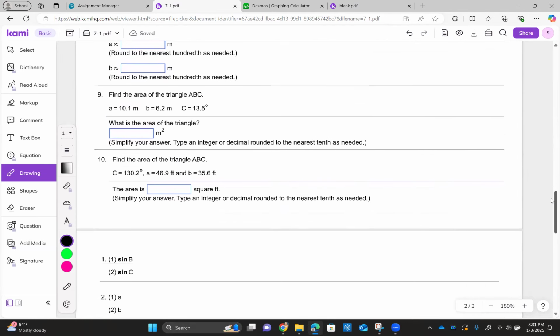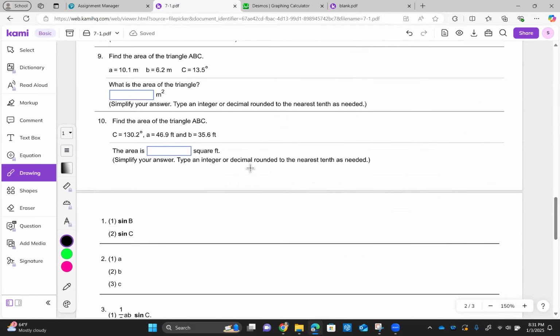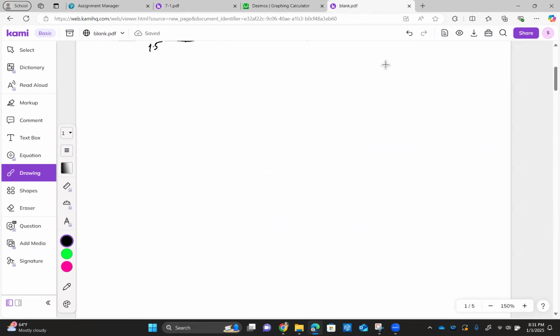You can do the rest of the questions here, but I would like to model number 9, which is about the area of a triangle. So for the area of a triangle, we would like to talk about the formulas we can use.